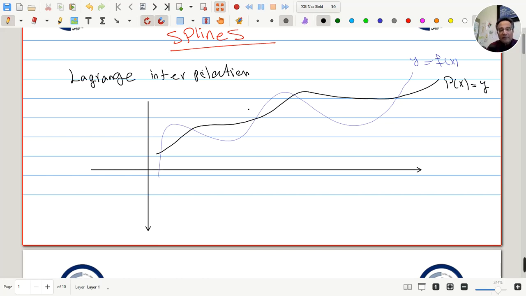Okay, if y equal to f of x is a function and y equal to p of x is the interpolating polynomial of f, then you can find that at some points the interpolating polynomial and the function have the same values, and in other parts they have different values.